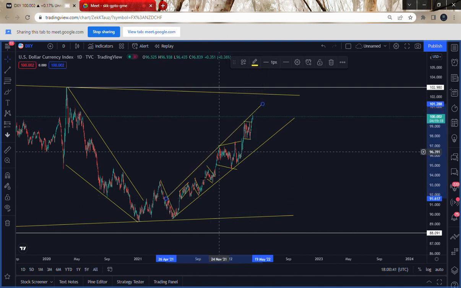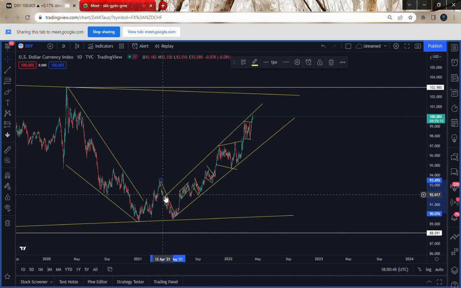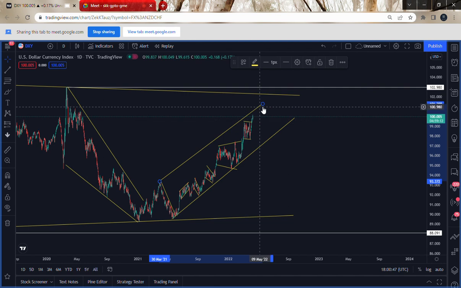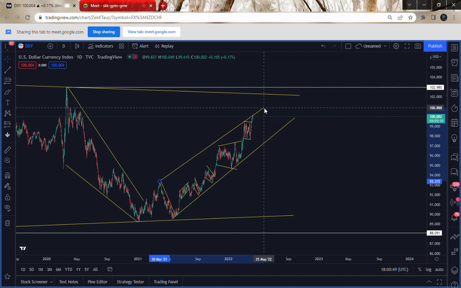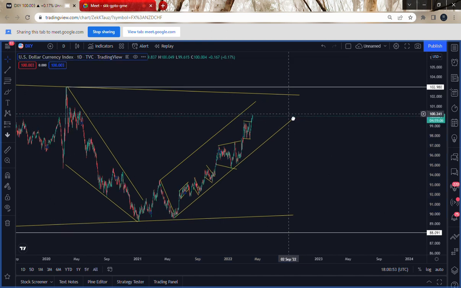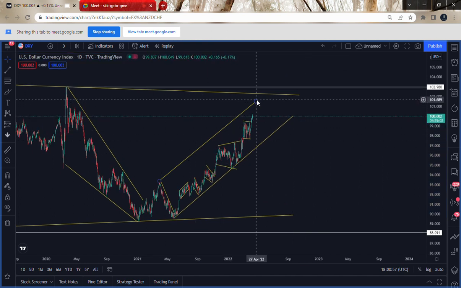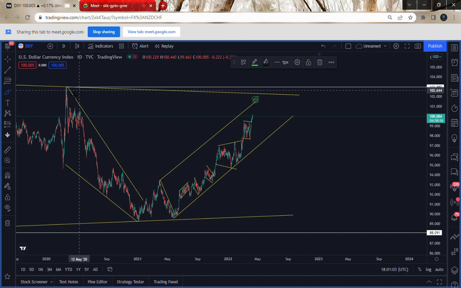Yeah, it's still forming there. The outside structure for this one is still forming, but here I already have one. So here I'm expecting a touch somewhere around here, which will be at this double top formation. So that's basically what we do with multi-time frame.